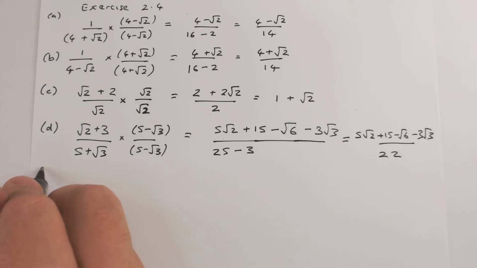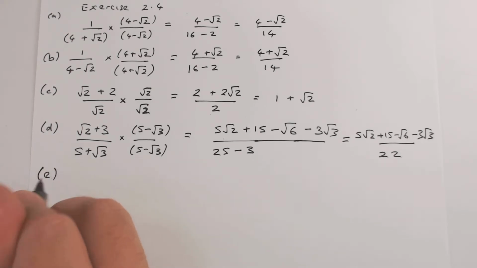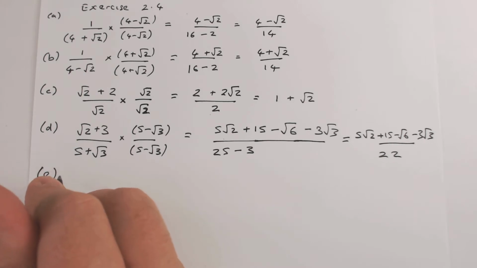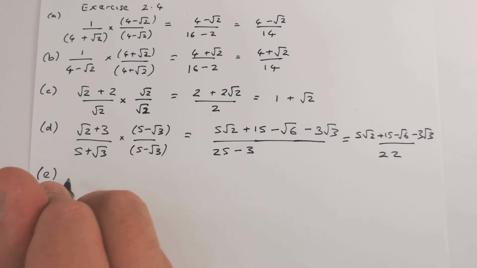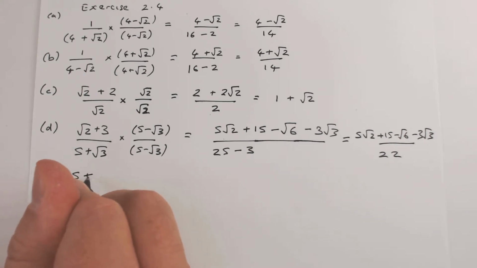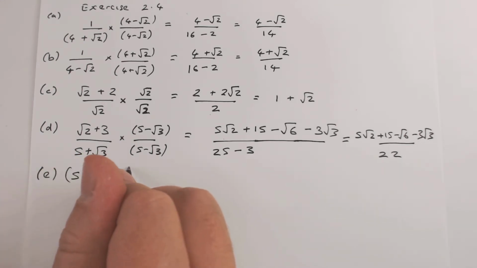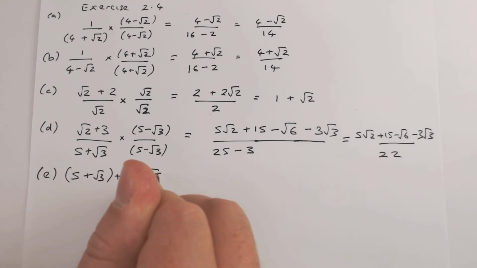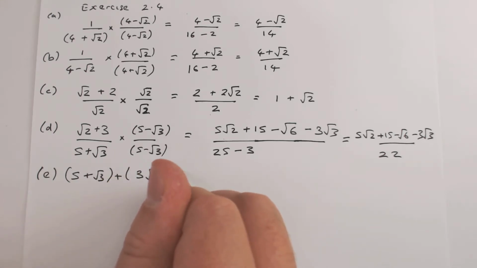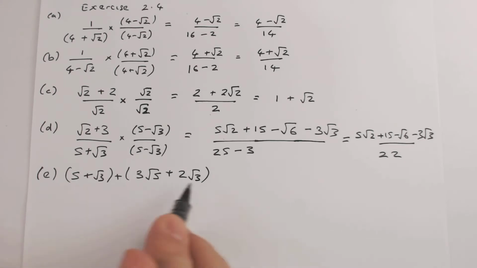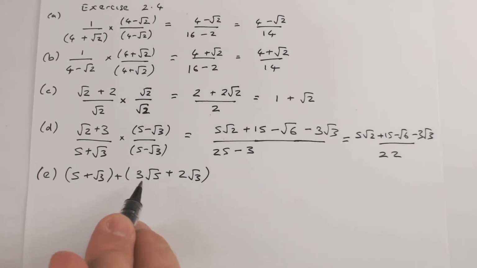And now part E. Okay, so part E, we are adding two things together, so we've got 5 plus root 3 plus 3 root 5 plus 2 root 3. Let's look for common terms, so we've both got root 3's here.